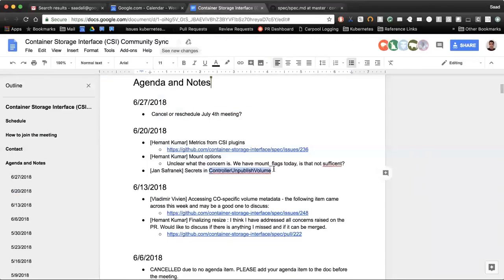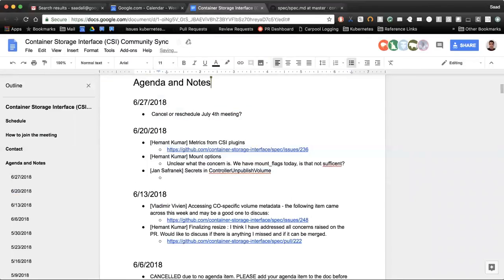We'd originally intended that it should be possible to make a very simple implementation that doesn't store its own state. So if you need extra information in order to unpublish something, you need credentials or something in order to get the unpublish done, and the plugin doesn't have its own backing store, then it's convenient for those secrets to get passed.